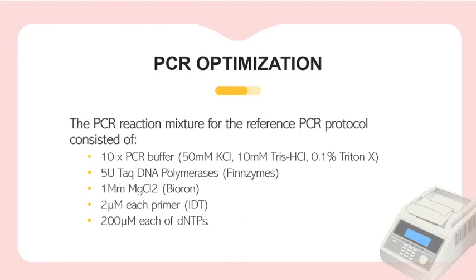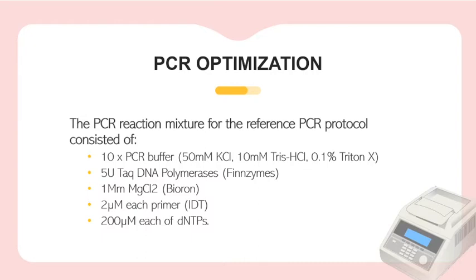Next is 5 enzyme units of Taq DNA polymerase, simply known as Finnzymes. By definition, a Taq polymerase is a thermostable enzyme that is able to recognize the primer-template complex and extend the copy of the DNA strand by adding nucleotides to the primer.